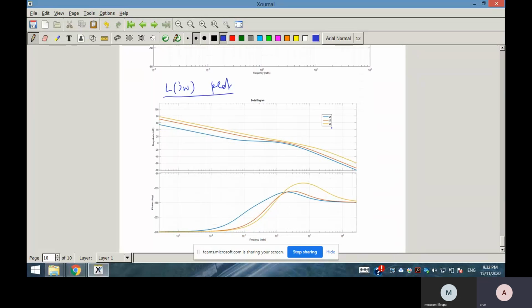But in case of higher value of Q hat, the loop gain is high at low frequency, but the roll off rate, or the gain at high frequency, is not that much less. That means, what is the conclusion?